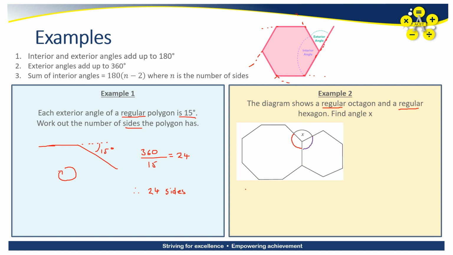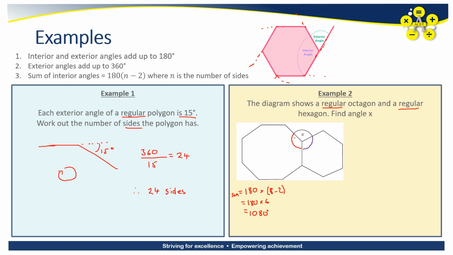So I'm going to go 180 multiplied by 8 minus 2, and that's going to tell me the sum. So 180 multiplied by n minus 2, so 8 minus 2. So that's going to be 180 multiplied by 6, which is going to give me an answer of 1080 degrees.